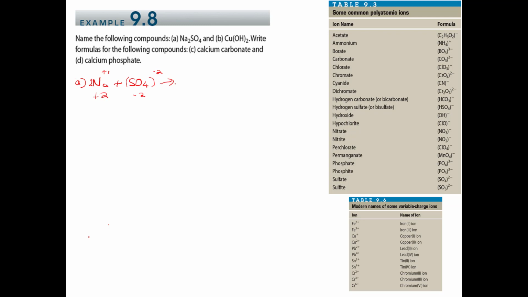And this is why the formula is this one. Yes, you can use parentheses if you want, just to indicate this is one group.